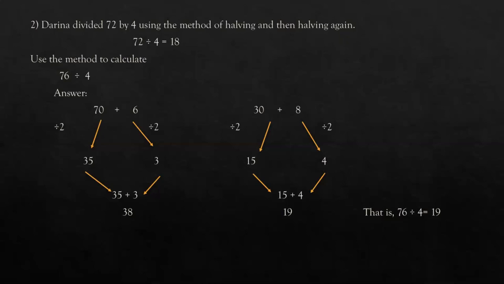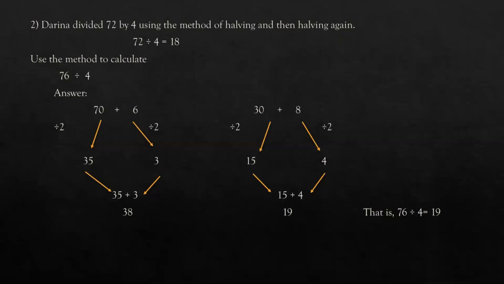After writing this much, you need to find the answer for 70 divided by 2, that is 35. Next, 6 divided by 2, that is 3. Next, you need to sum up this 35 and 3. So 35 plus 3, you will be getting the answer as 38. So the first half session is over.